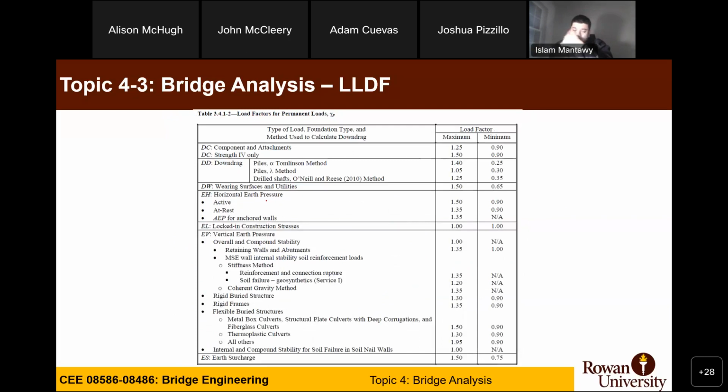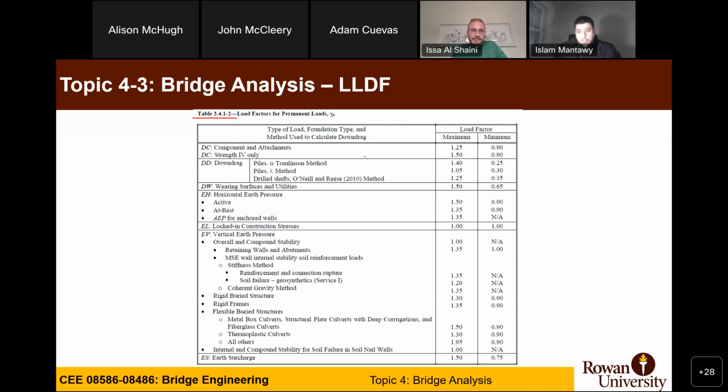Isa, do you remember this table or not? This table 3.4.1-2. Yeah, table 3.4.1-2 is the AASHTO load factor. So we basically get the load factors for different kinds of loadings and different kinds of applications, depending on the strength and what component we're trying to model the load on.